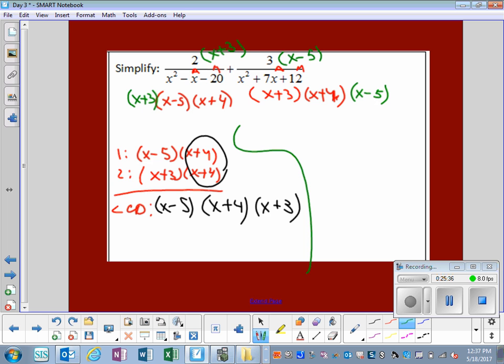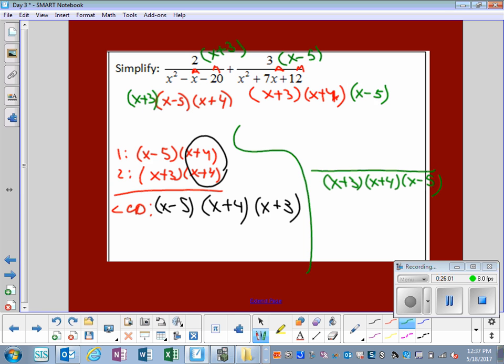I have two fractions with the same denominator. So I just copy the denominator x plus 3, x plus 4, x minus 5. And then I combine my numerators. Since it's plus, nothing to worry about. If it was minus, I need to not forget to distribute that minus into parentheses, right?